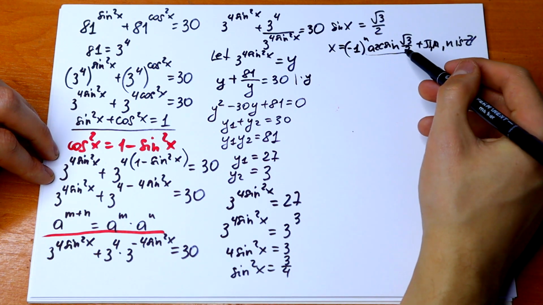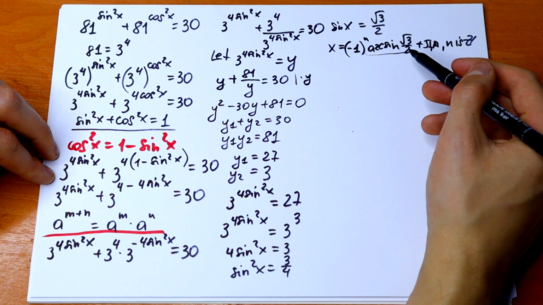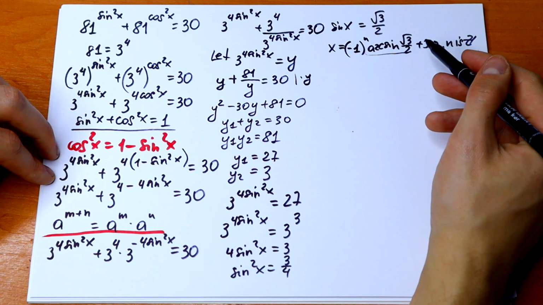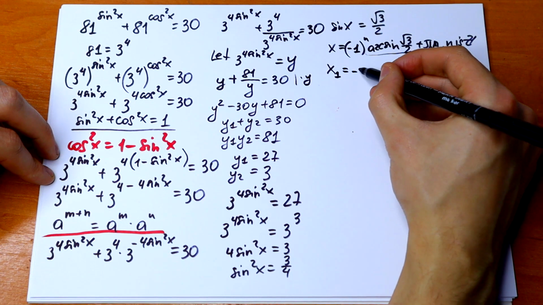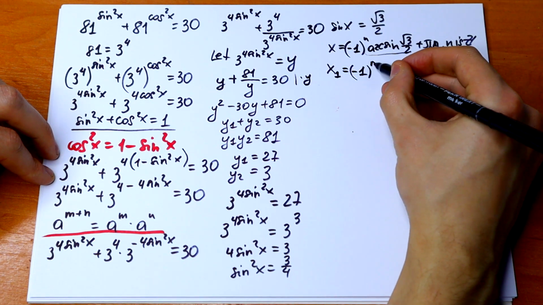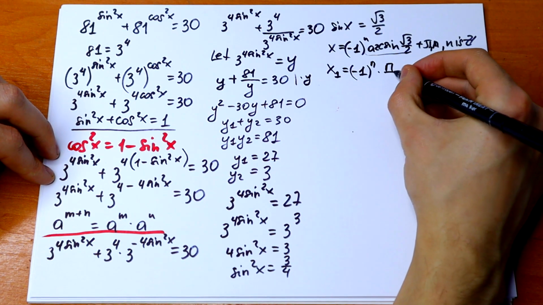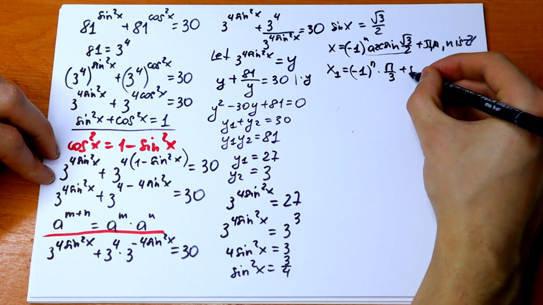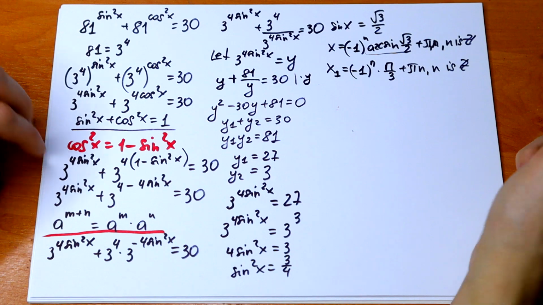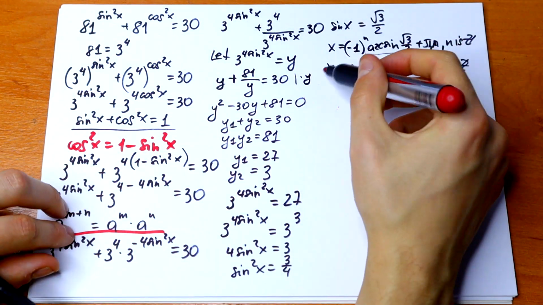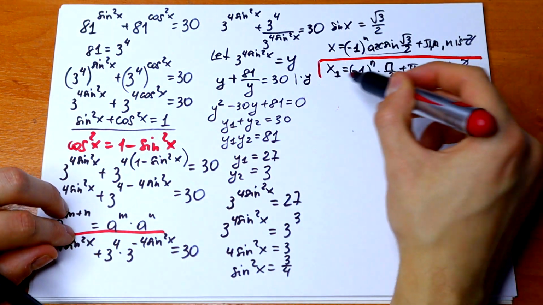We know that this arcsine square root of 3 over 2 is equal to pi over 3. So the first solution, x1, will be equal to minus 1 to the power n times pi over 3 plus pi n, n is in Z. So this is the first solution to our equation.